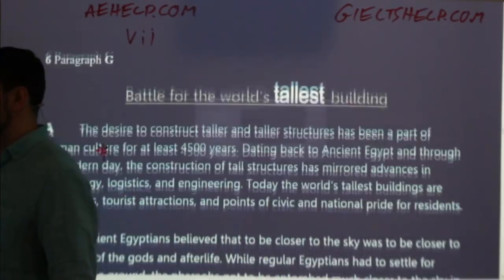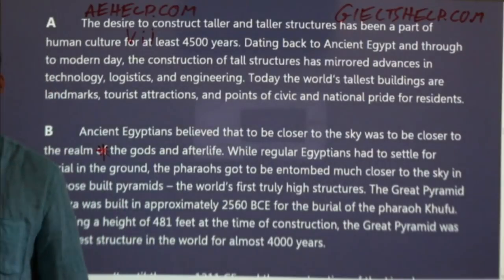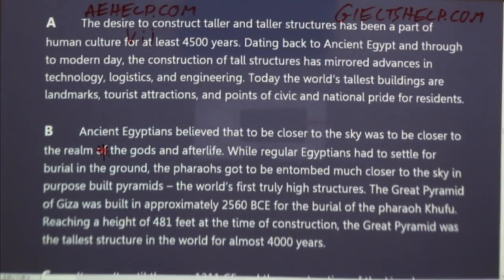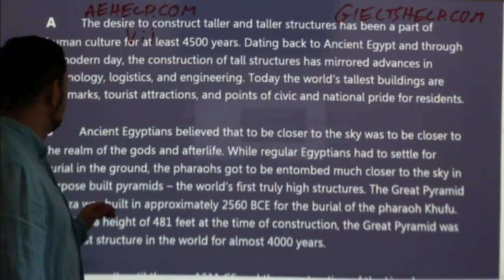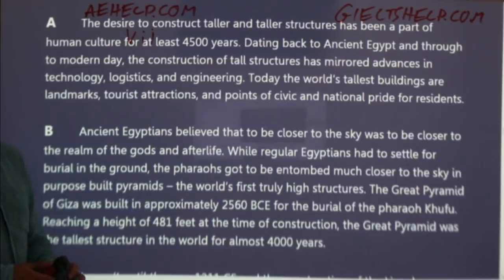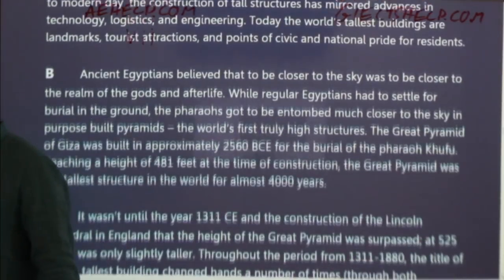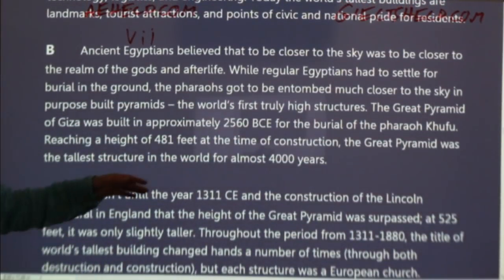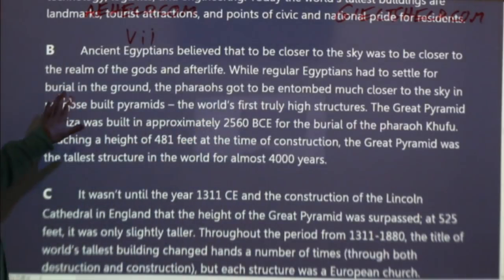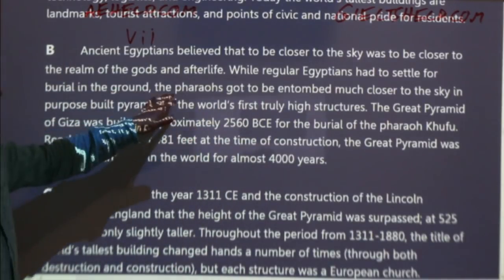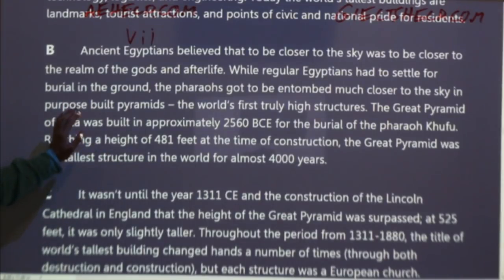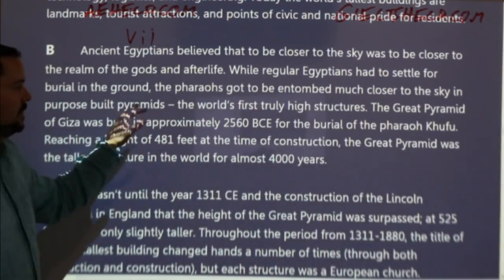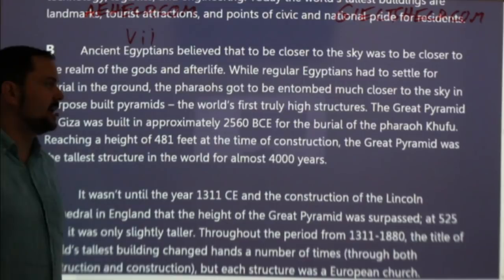So paragraph B, okay, so we're going to go a little bit more smooth, a little bit more fluid now. Ancient Egyptians believed that to be closer to the sky was to be closer to the realm of the gods and afterlife. While regular Egyptians had to settle for burial in the ground, the pharaohs got to be entombed much closer to the sky in purpose-built pyramids, the world's first truly high structures.